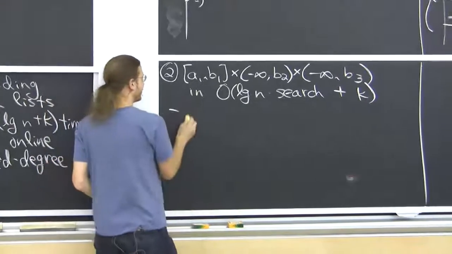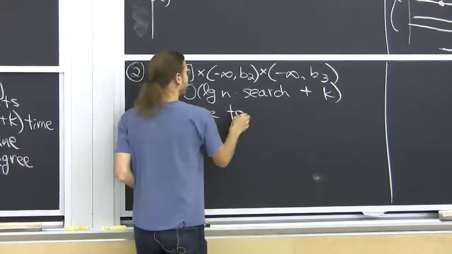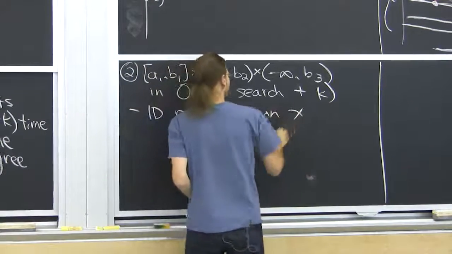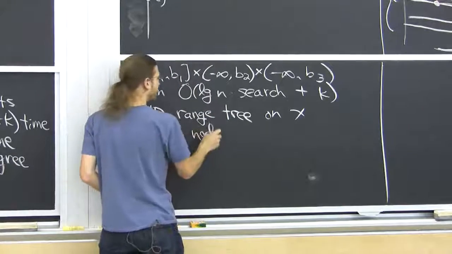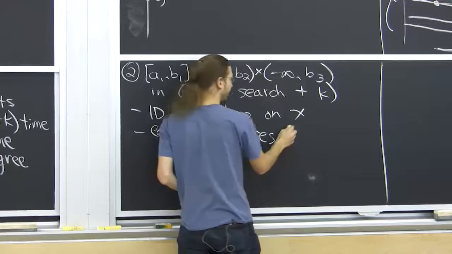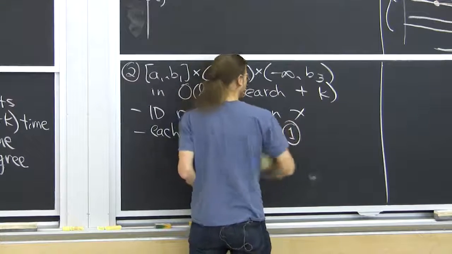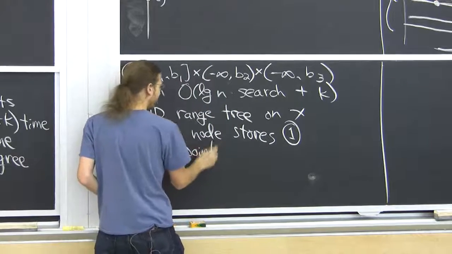Yep. Easy. Just do a 1D range tree on X, and then each node stores that data structure, 1, on points in the subtree.